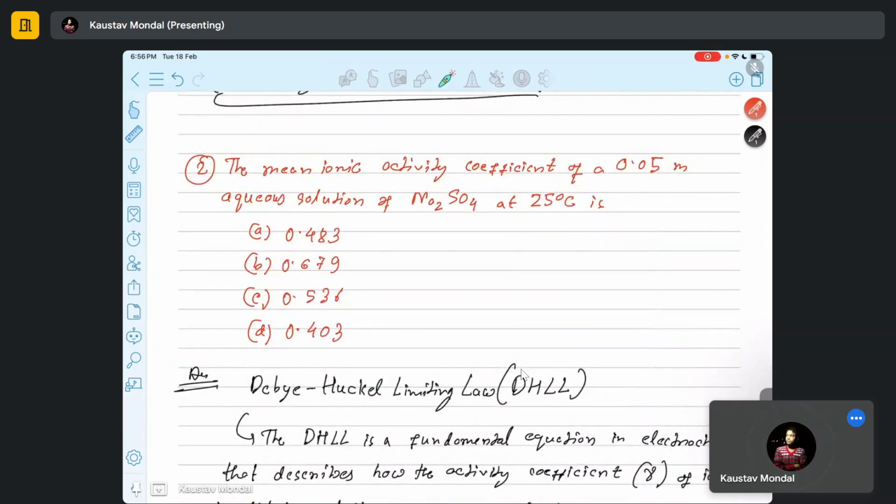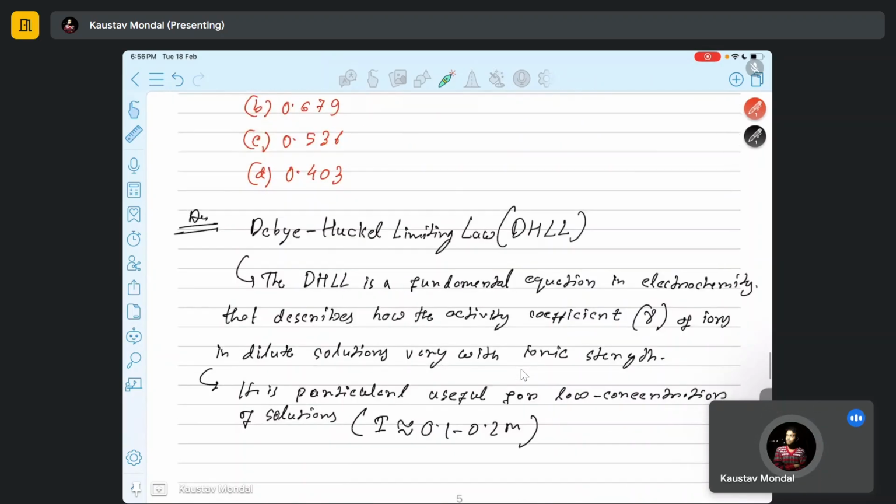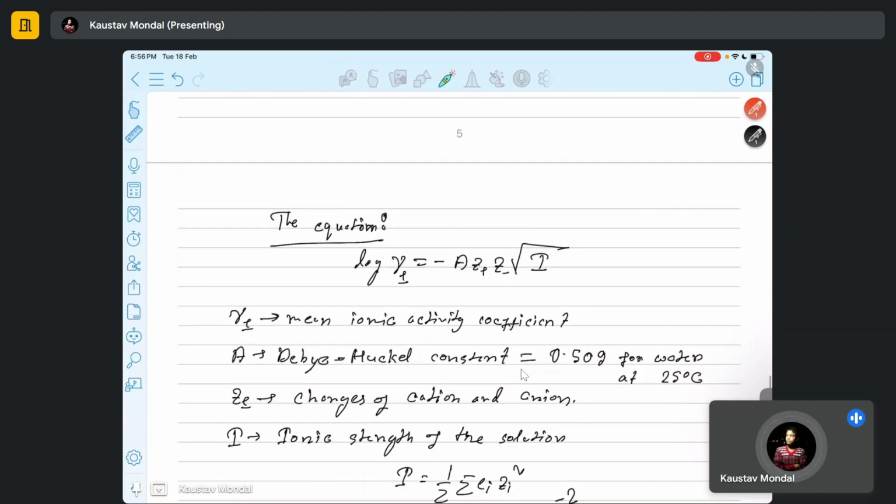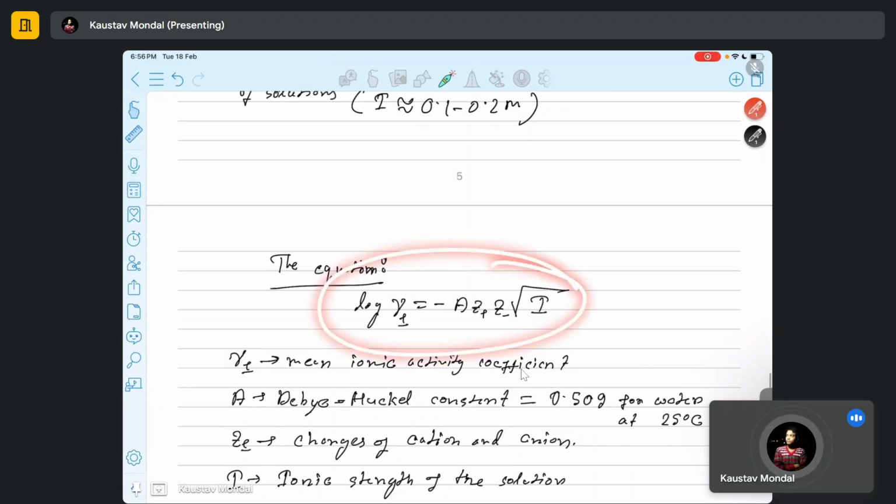Now, in order to solve this type of problem, we have to use a law known as the Debye-Hückel law. This law is a fundamental equation in electrochemistry that describes how the activity coefficient gamma of an ion in dilute solution varies with ionic strength. This is the equational form of this law, and it is applicable only in very dilute solutions.